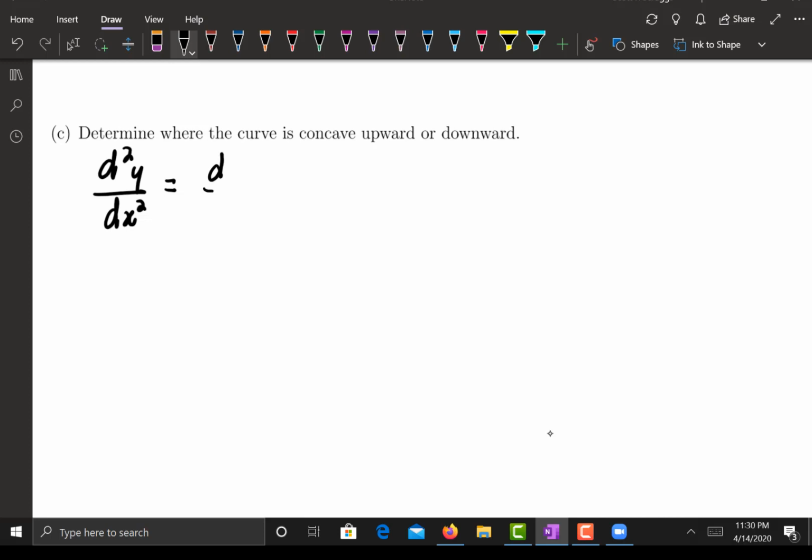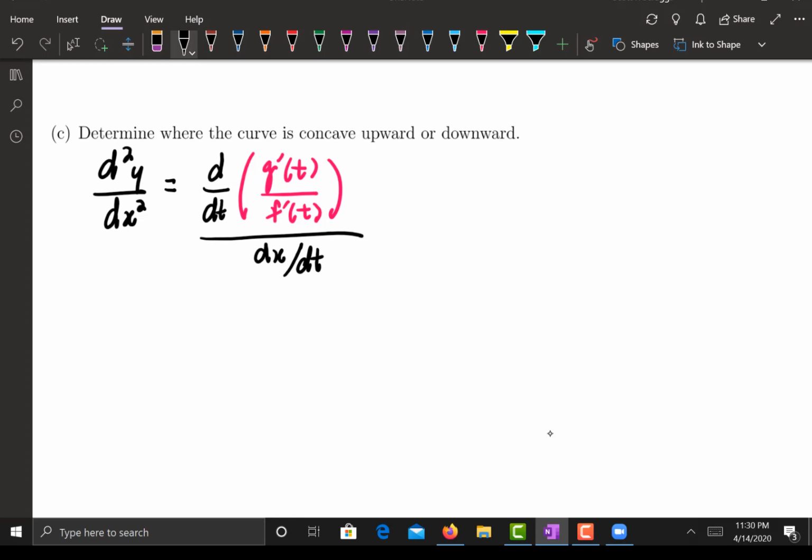which means we're going to take the derivative with respect to time of what we have from the previous step, and then divide that again by dx/dt, or f prime of t.